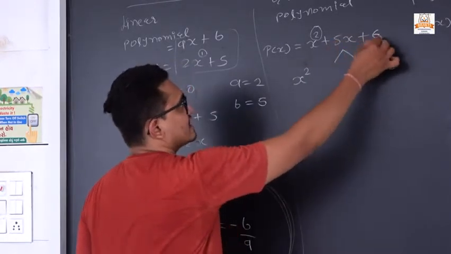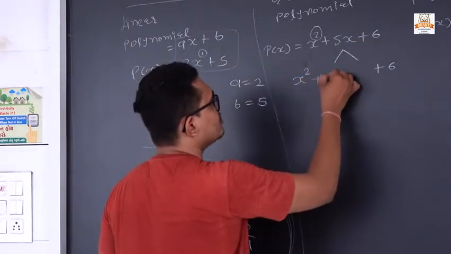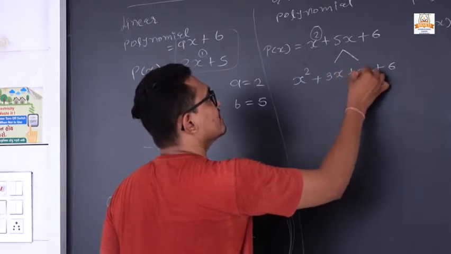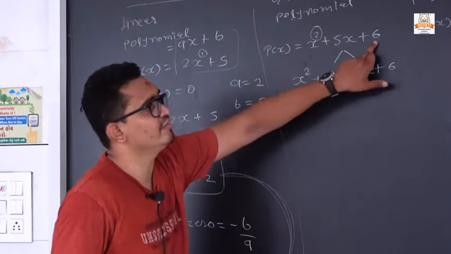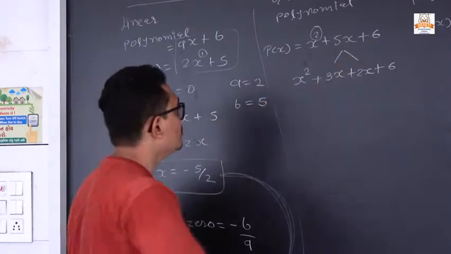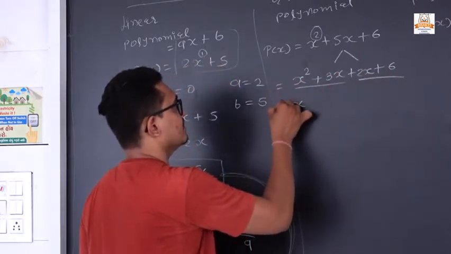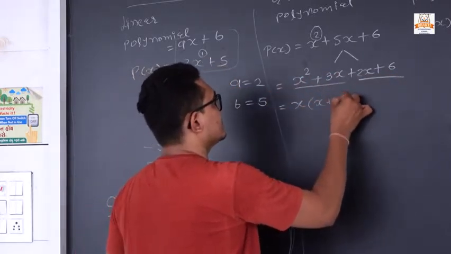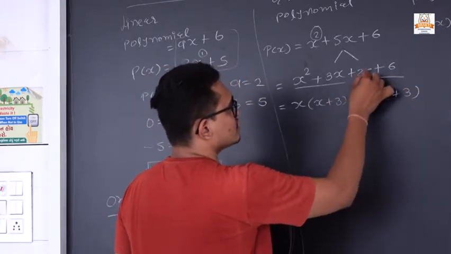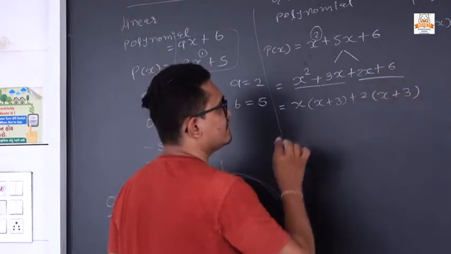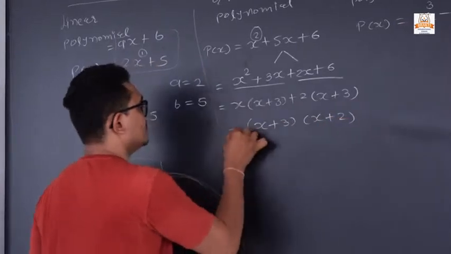Now factorize 5x. We can write it so that 3 and 2 are the factors of 6. See that 3 plus 2 is 5 and 3 times 2 is 6. Now next, which is the common term here? x. So x plus 3. And which is the common term here? 2. So 2 is common, and here 6 gives 3. So x plus 3 and second it will be x plus 2.